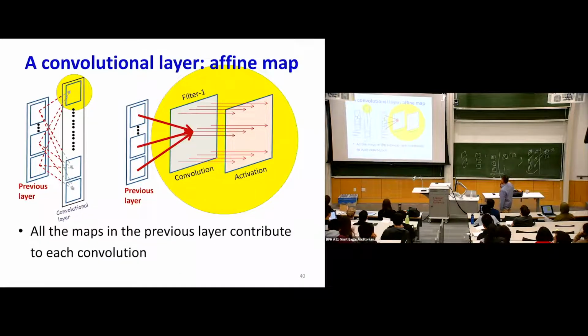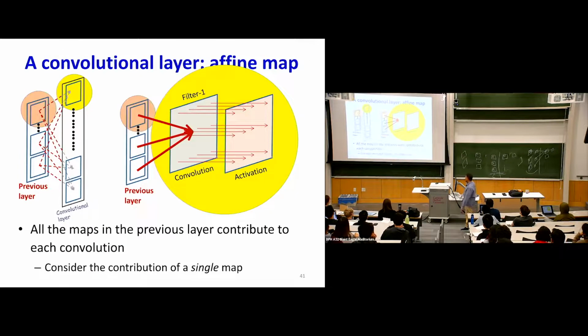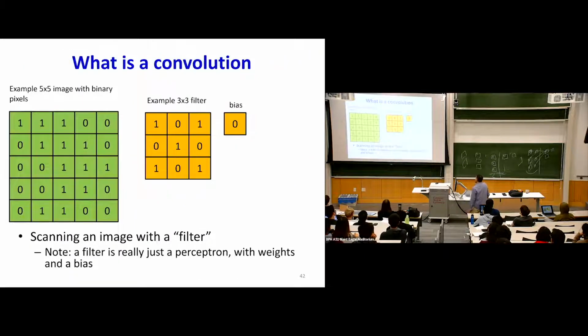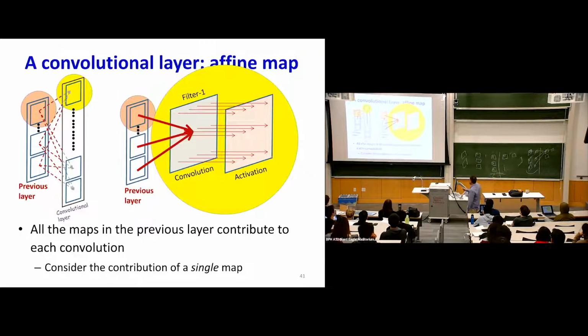So let's look at the affine map first. If you look at this affine map, to compute any value over here, you're looking at all of the maps in the previous layer. So let's look at what would happen. What is the contribution of just one of these maps to this affine map? This is one of the S-planes, and there are several of these.